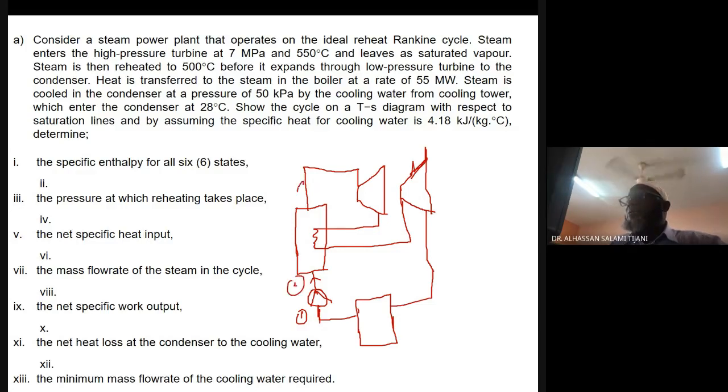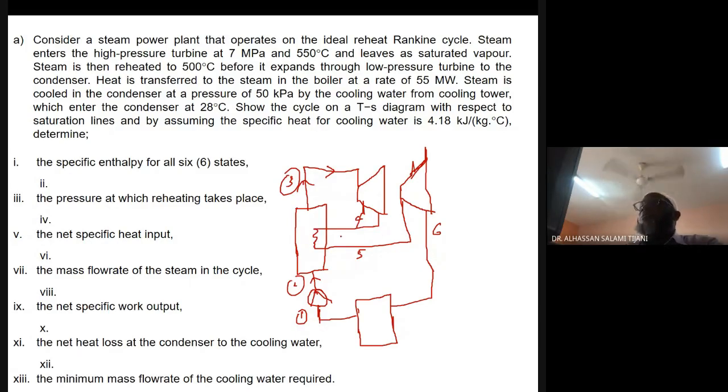Now state 3 is going to be this. This is going to be state 4. Okay, and state 5 is this. State 6 is finally that.